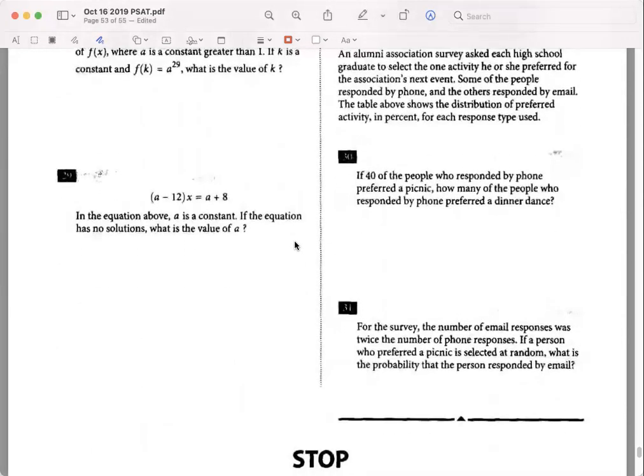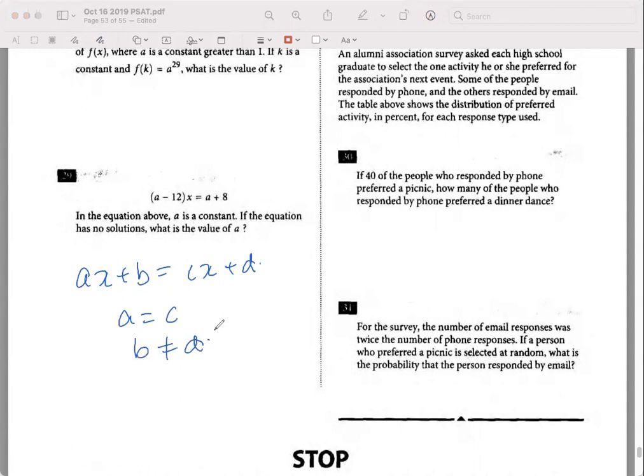In the equation above, a is a constant. If the equation has no solution, what is the value of a? So for no solution, if my equation is ax plus b is cx plus d, then a should be equal to c and b should not be equal to d.